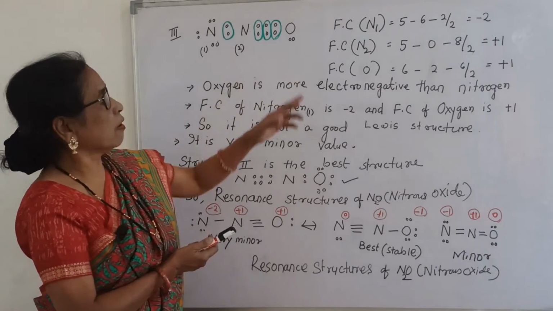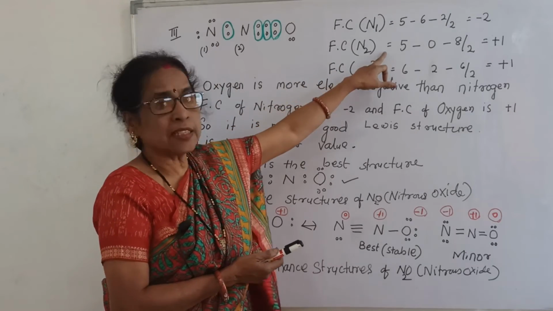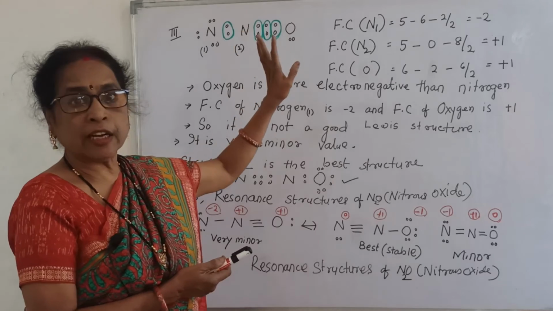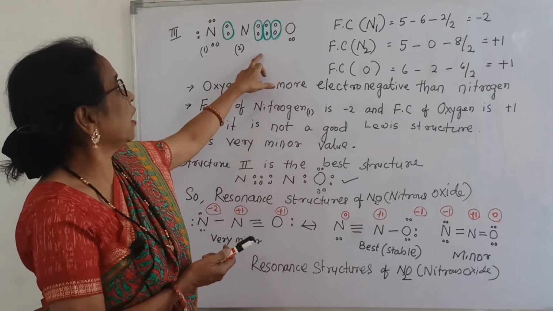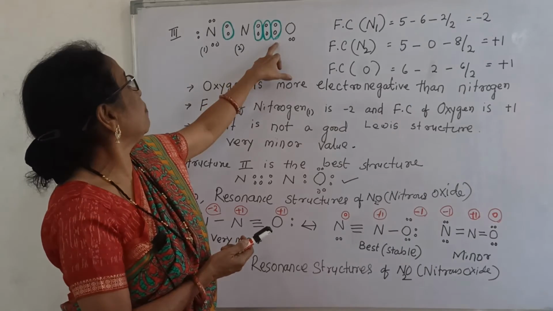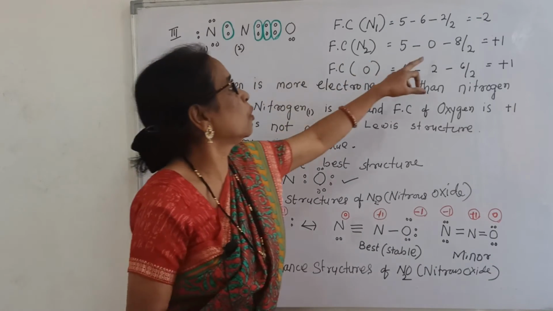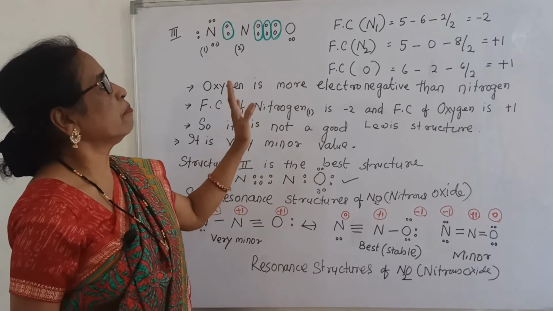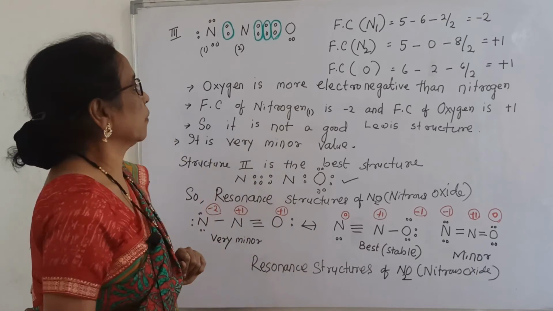And similarly formal charge of nitrogen 2, that is valence electrons 5 minus, there is no non-bonding electron here, so 0. And here how many bonding electrons? Here 3 pairs, 1 more pair, 4 pairs, that means 8 bonding electrons, so 8 by 2. 5 minus 0 minus 8 by 2, that is +1.